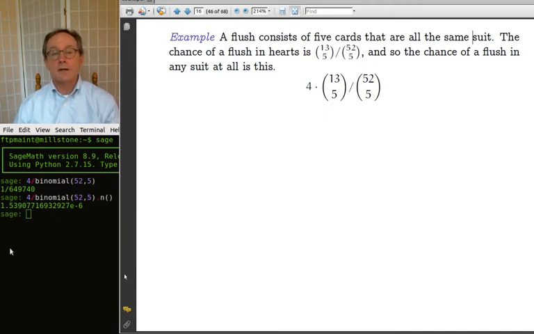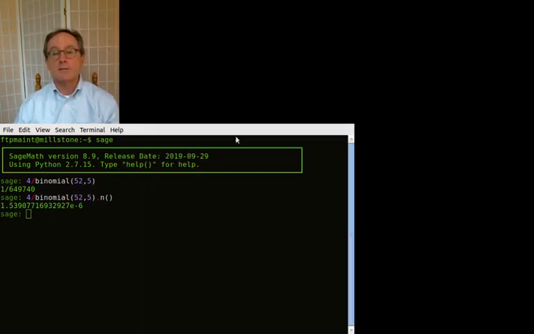Let's go back to the command line, see if I can manage to type that in. That was 4 times binomial(13, 5), all divided by binomial(52, 5).